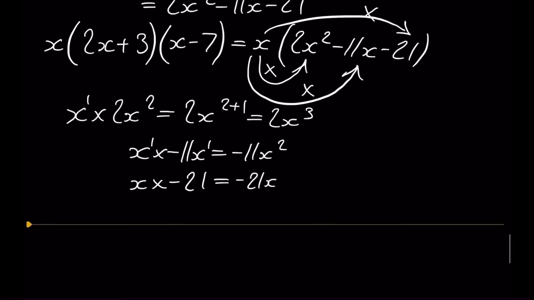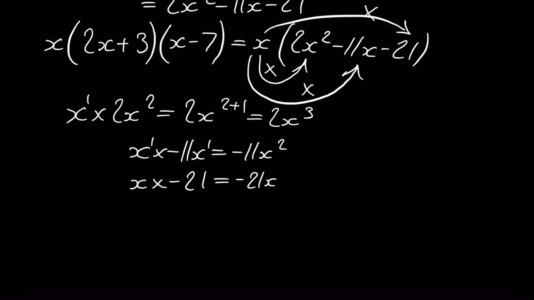So the final answer to this question will be 2x cubed minus 11x squared minus 21x.